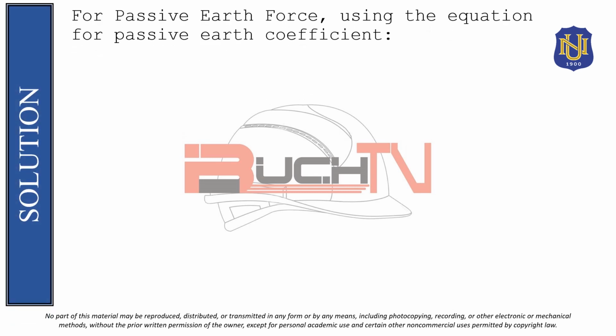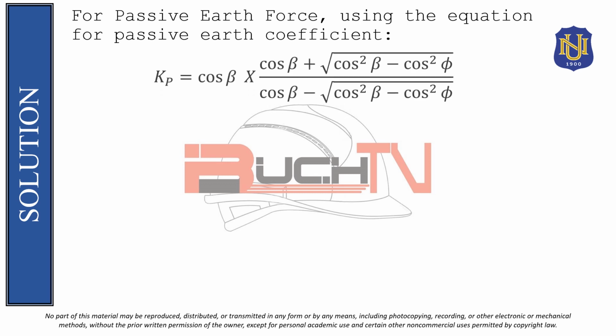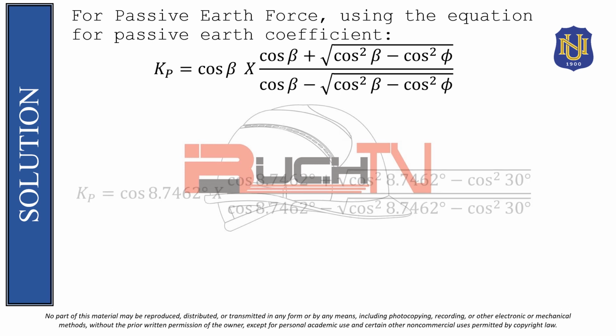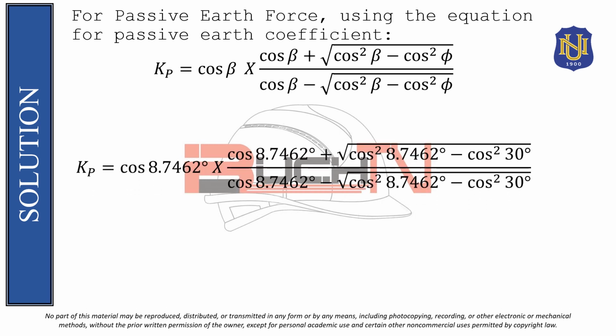So, ang last requirement natin para dun sa problem natin is yung passive earth force. So, gagamitin ulit natin yung equation for the passive earth coefficient for sloping backfill, equivalent to K sub P is equal to cosine of beta times cosine of beta plus square root ng cosine squared of beta minus cosine squared of phi divided by cosine of beta minus square root ng cosine squared ng beta minus cosine squared of phi. Substituting yung mga nakuha nating values kanina tsaka yung given.